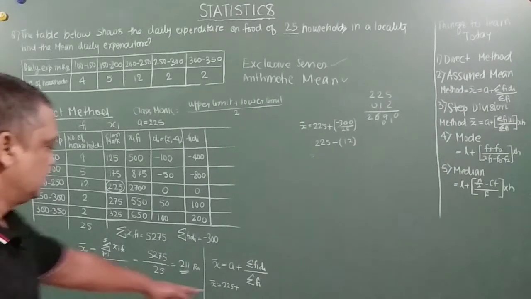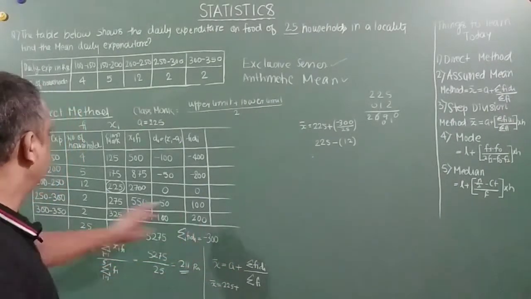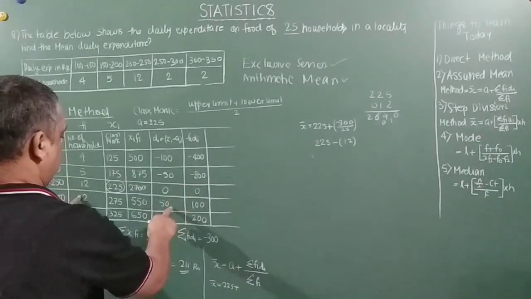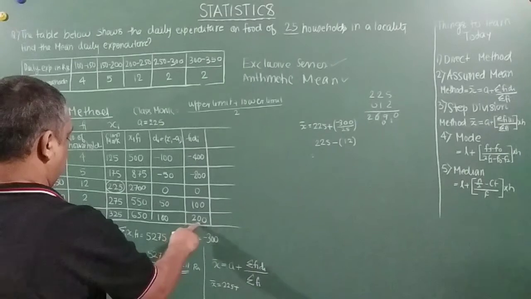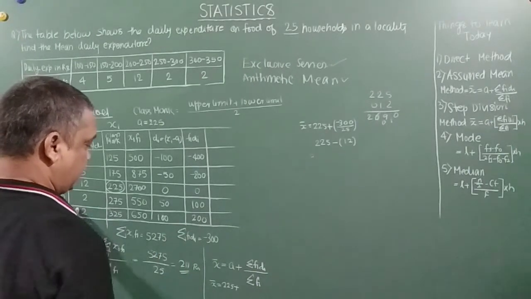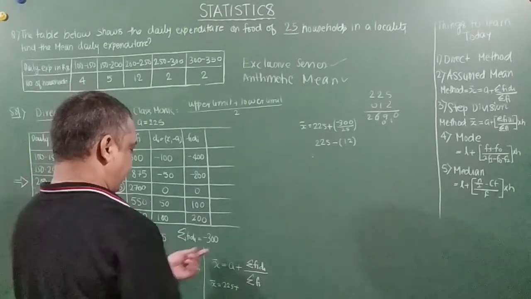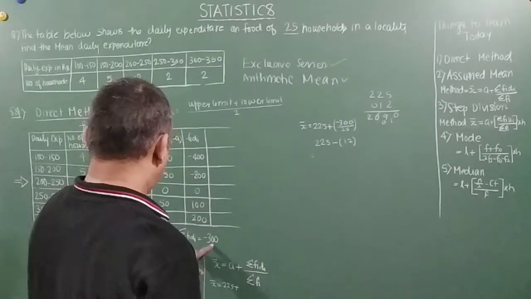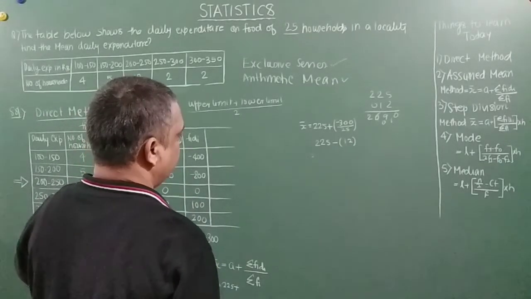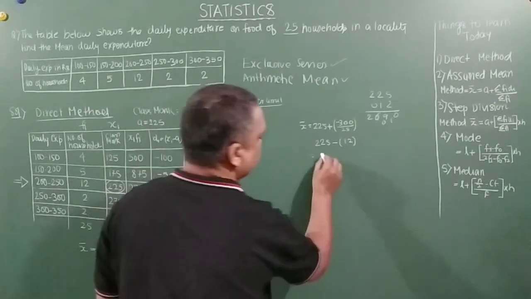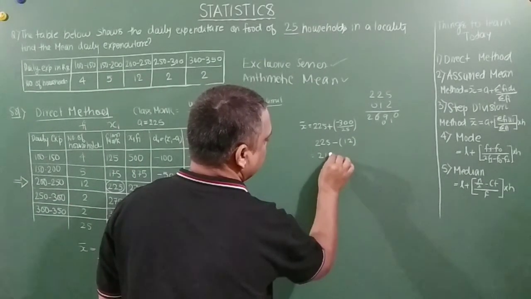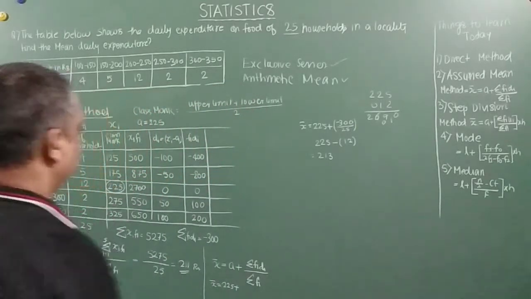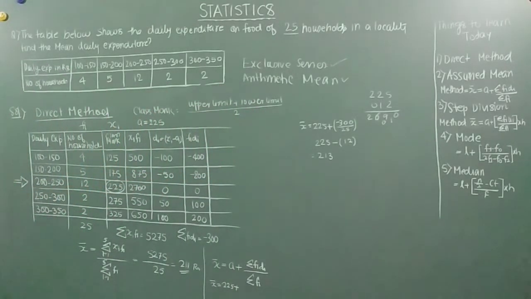A plus sigma Fi di: 400, 200, 100, 200, right? So this is sigma Fi di is 300, 600. So minus 300 divided by 25. Okay. So that is equal to 213. Right? Okay. 1 second, hold on.